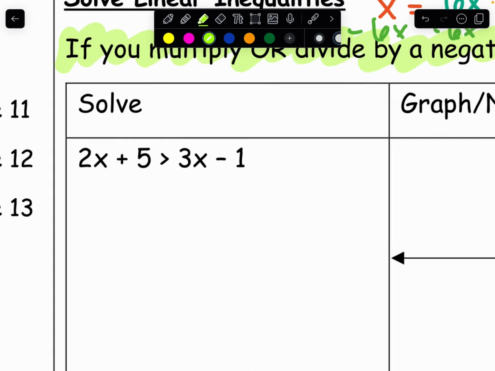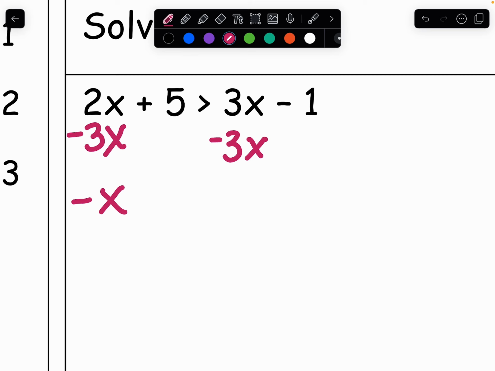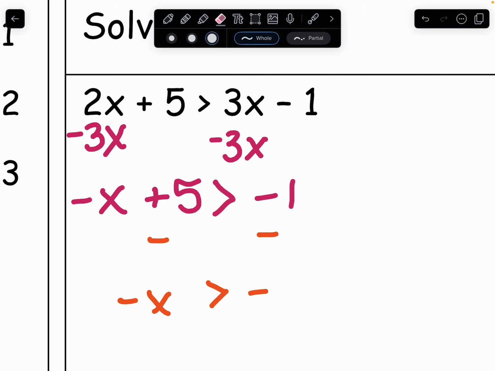So, for this problem, very similar, we want to move all of our x's together. So I'm going to subtract 3x from both sides, giving us negative x plus 5 is greater than negative 1. I'm then going to subtract 5 from both sides, wow, caught my mistake, I know, so I get negative x is greater than negative 6.